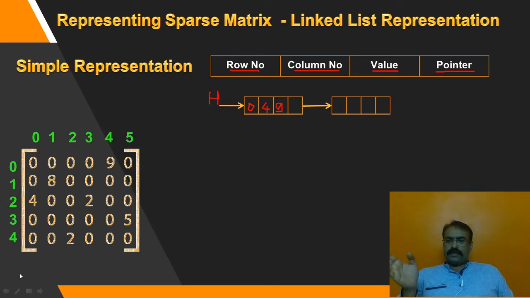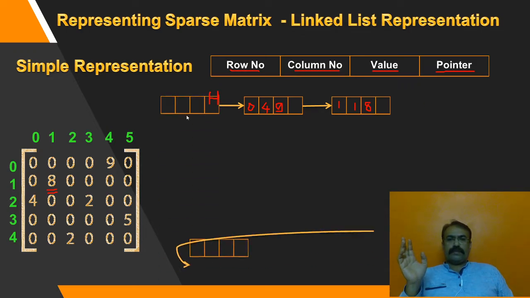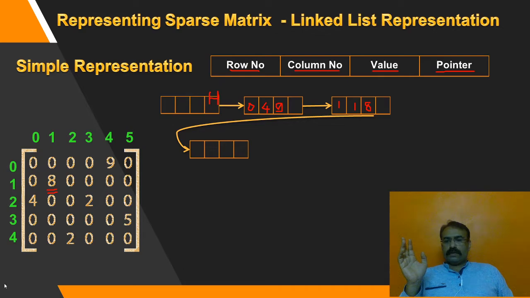What about the next node? The next node is going to store the information about this 8, that is row number 1, column number 1, value is 8, and its next pointer. Then its next node will be node number 4, at row number 2, column number 0, and value is 4.